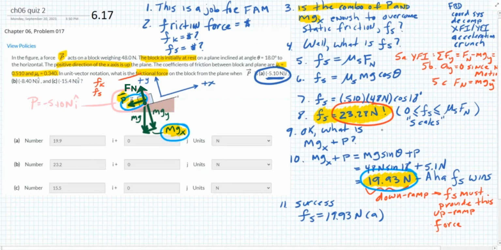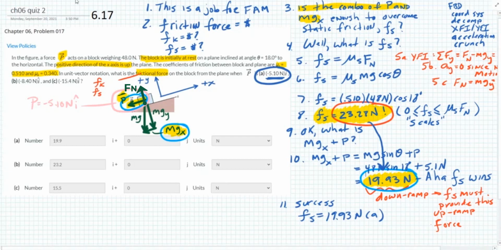It doesn't need to grow to that point. It just needs to grow to 19.93 newtons, because if static friction is 19.93 newtons, everything remains motionless, which is the criteria.